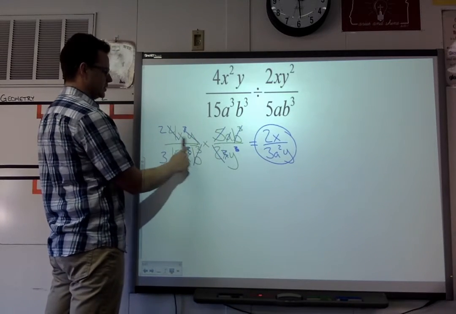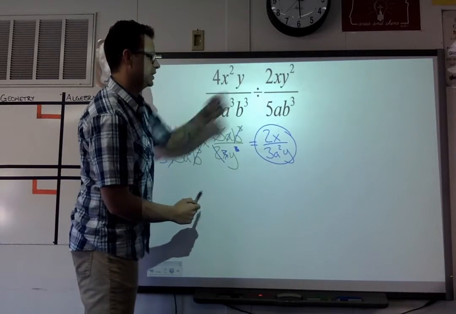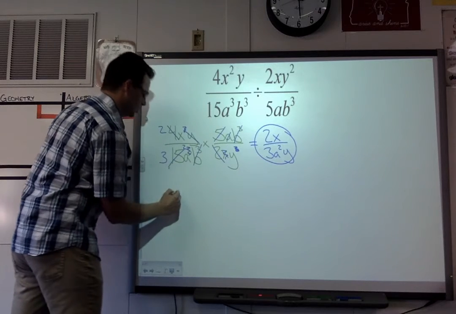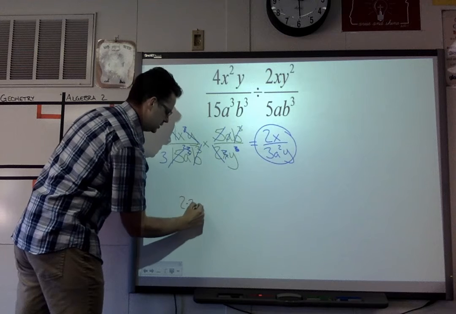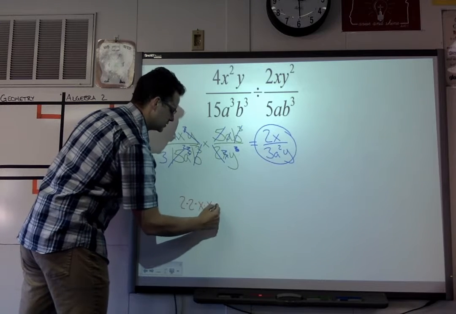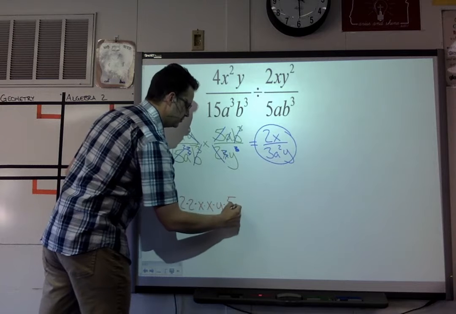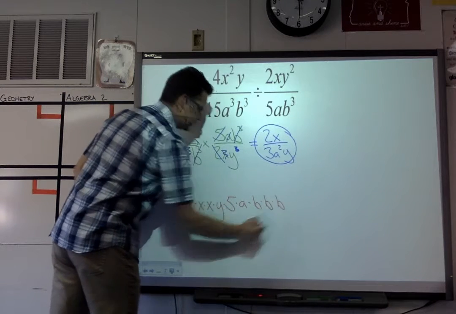So I'm going to start with what I had here once I changed it to multiplication and found the reciprocal of my second one. So 4 becomes 2 times 2 times x times y. Then I'm going to multiply that by 5 times a times b times b times b.